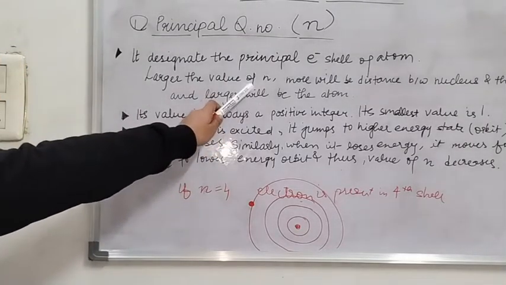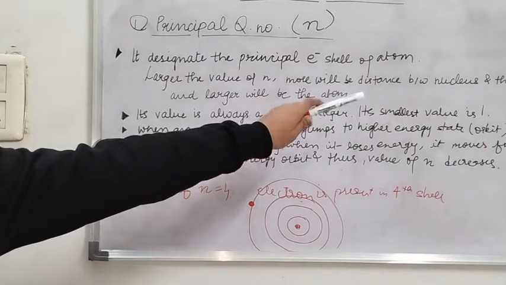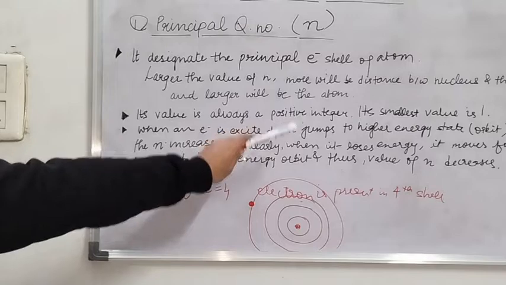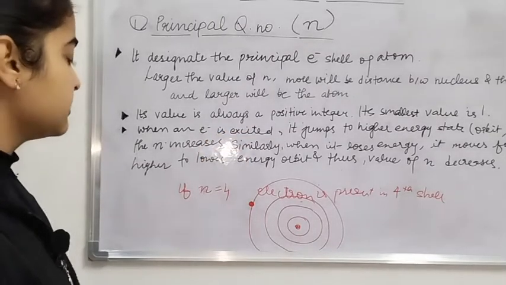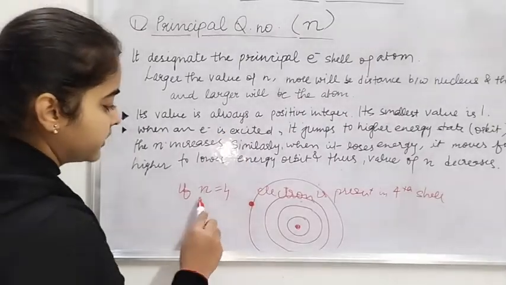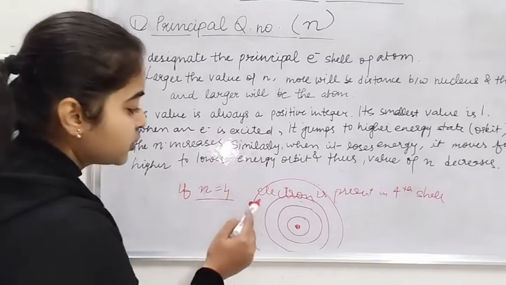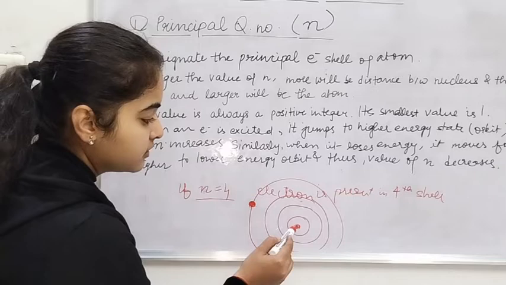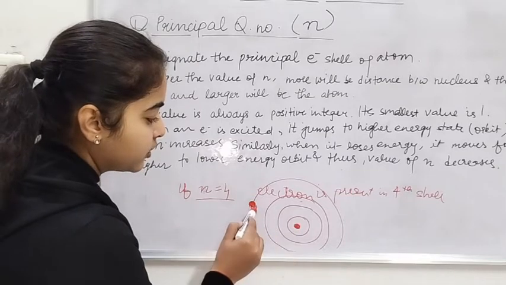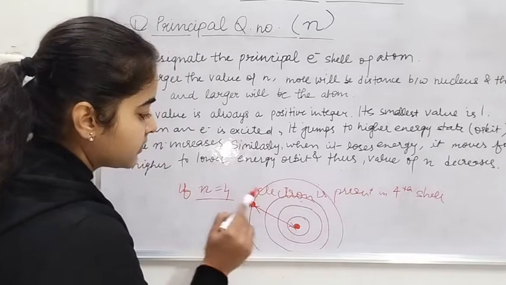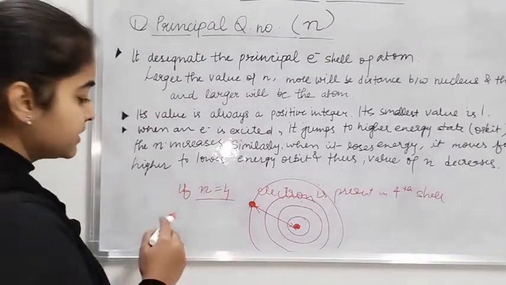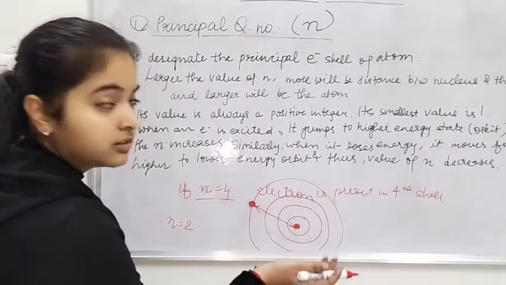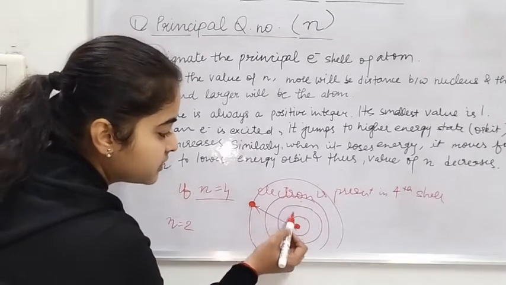The larger the value of n, the more will be the distance between the nucleus and that electron, and the larger will be the atom. It is because suppose the value of n is 4. So the electron is present in the 4th shell. The distance between nucleus and electron is this. But if the value of n is 2, then the electron will be in this shell.